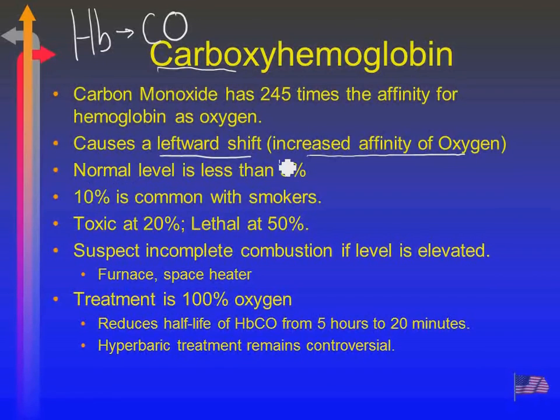Normally, under normal conditions, it is a byproduct of metabolic processes, and you have a small, less than 3% value in the bloodstream. By the way, the symbol for this is the saturation of carbon monoxide.